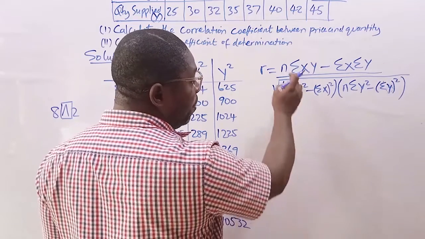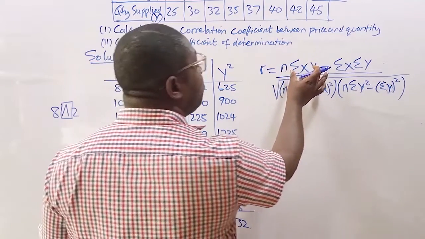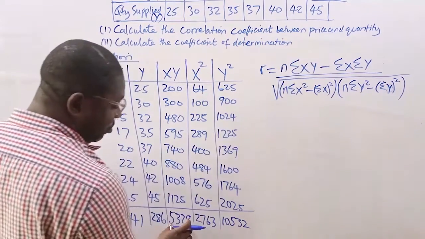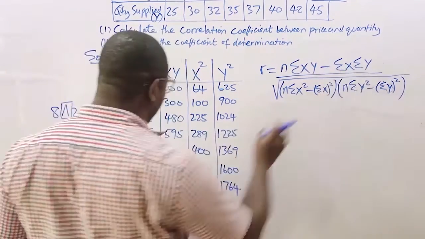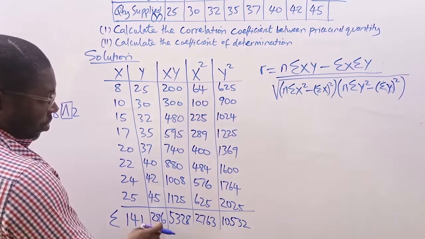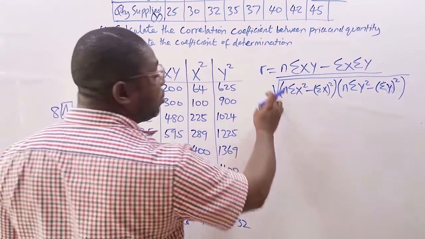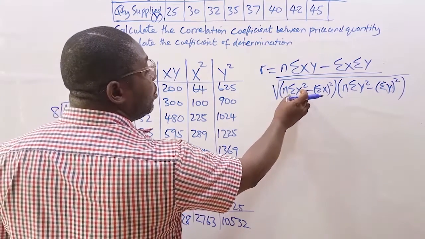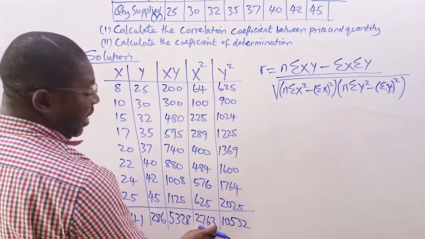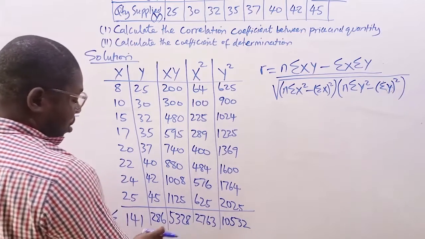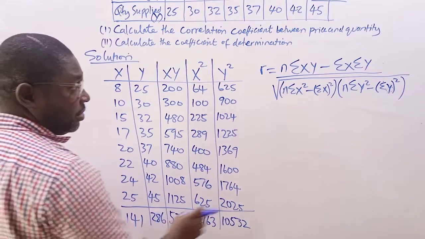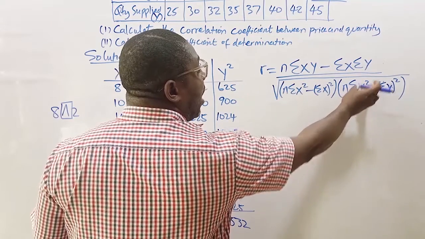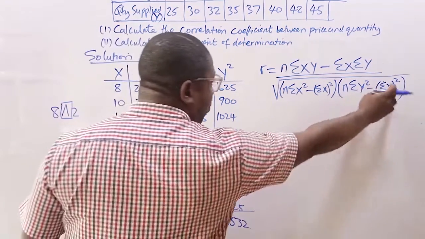So to remember, you have n, this big value here, the one at the middle, you pick this one at the middle, minus the product of the ones on the left, then the square root of the n value again, and you pick the summation x squared minus the one on the left squared for x, and then you pick n again, the summation y squared minus the one on the right.